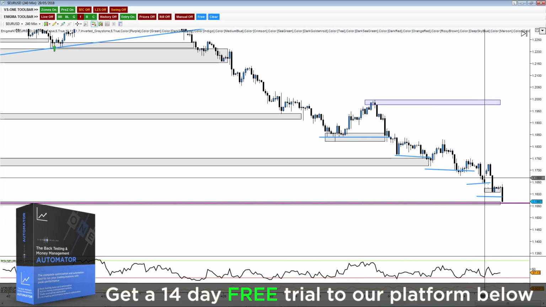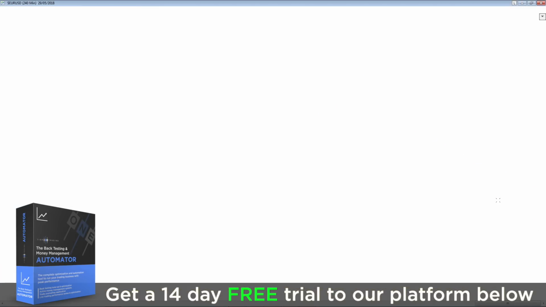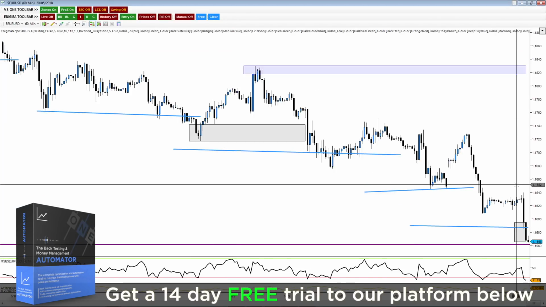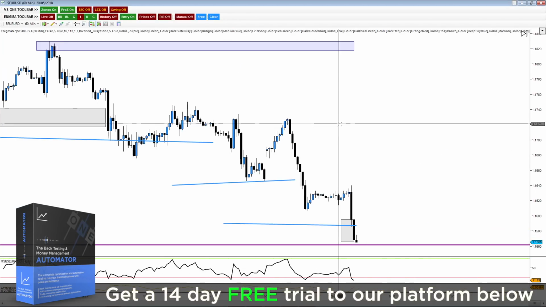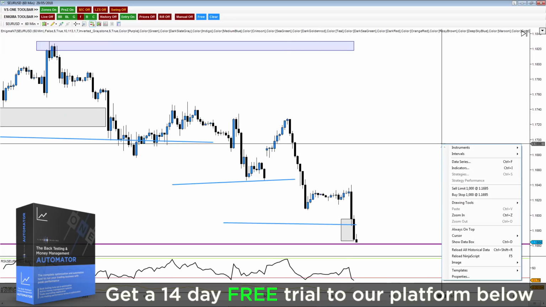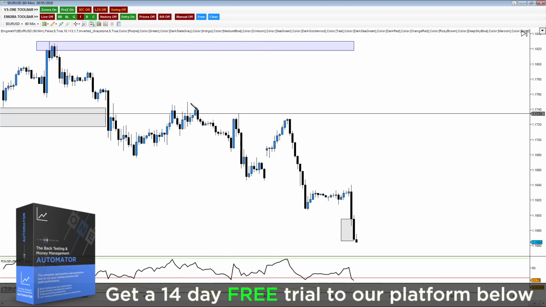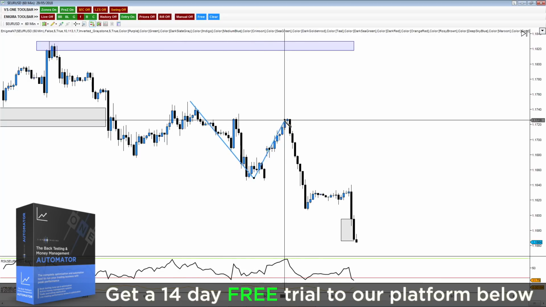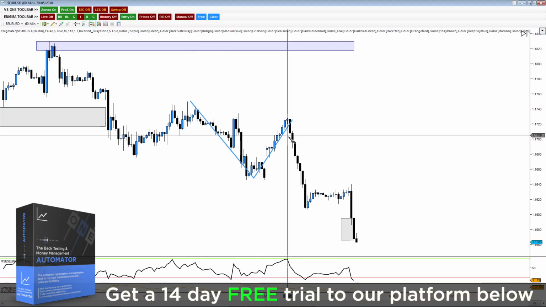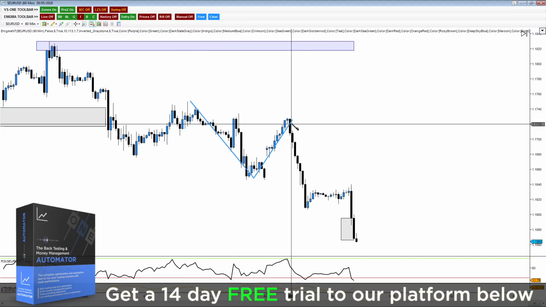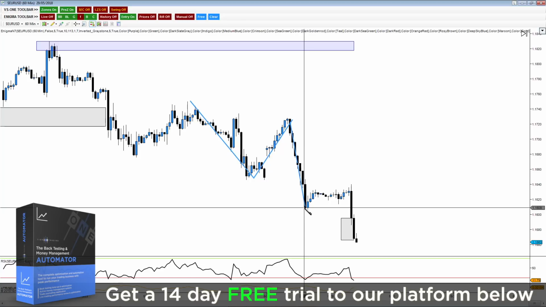So essentially what we're looking at is we've just put in this new structure low. I'm going to drop down to the 60 so you can see it really clearly. Let's just remove these drawing tools. And you're going to see that we had our new low, followed by an outside return. We had that lower low, lower close candle here. I know some of you caught that. Then we had a new low. Then we had an outside return.